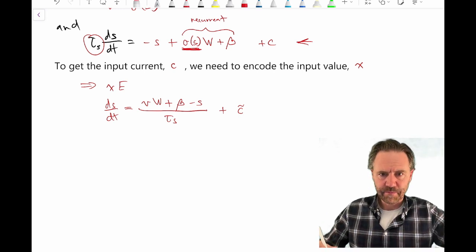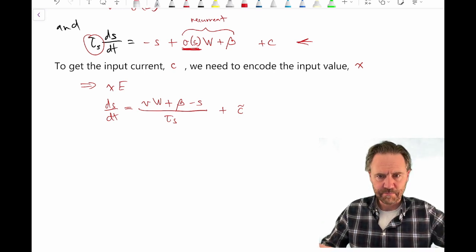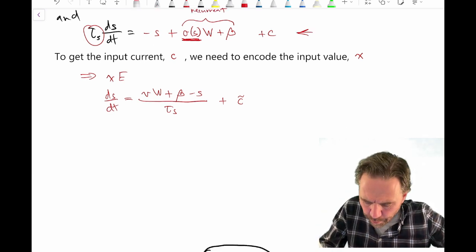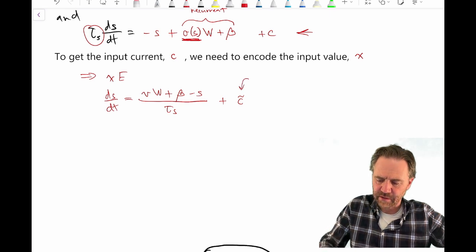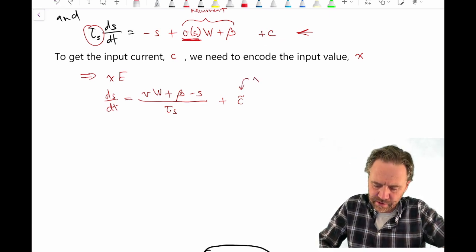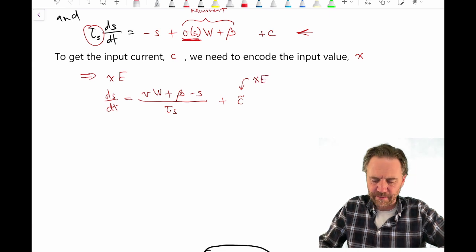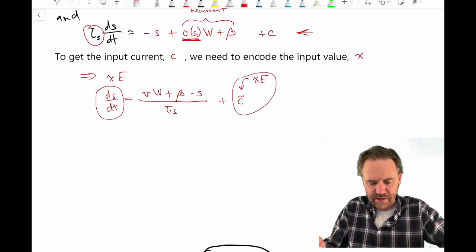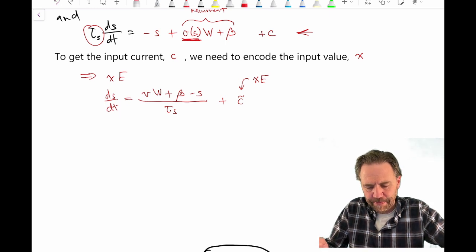No, sorry. This c here is not the old c divided by tau sub s. I mean, it's related to this c by a factor of tau sub s, but what we want is this thing to be xe, because as I said, ds by dt equals that thing. That's what the integrator does.